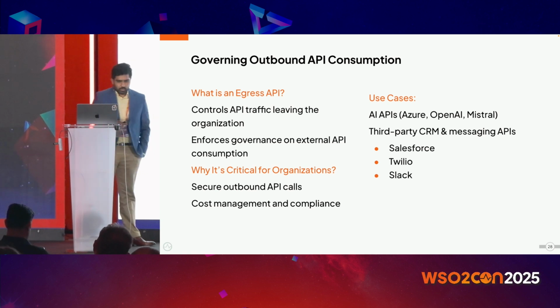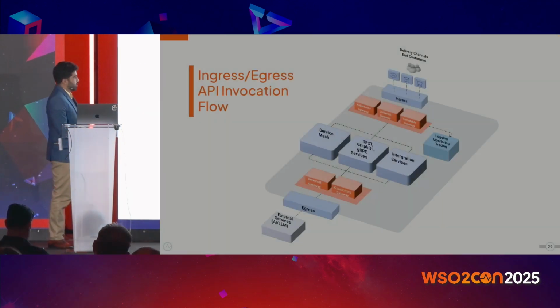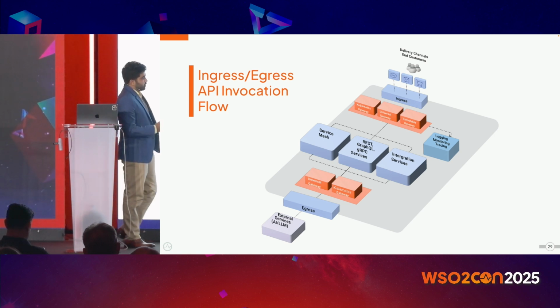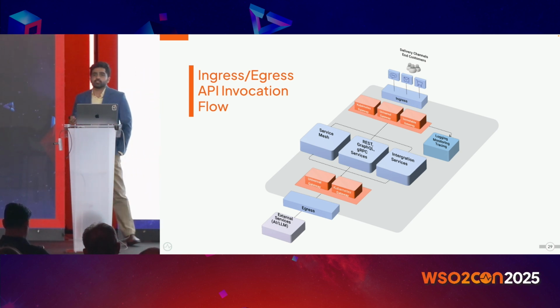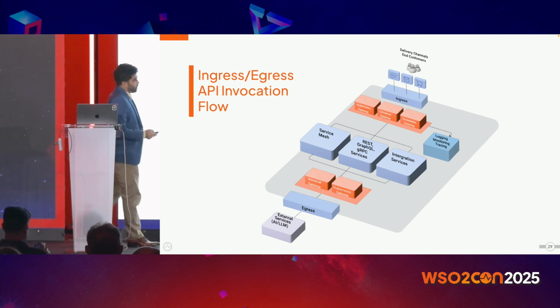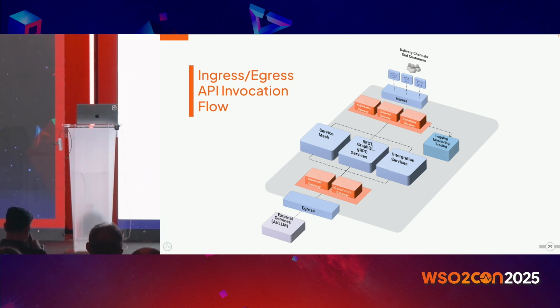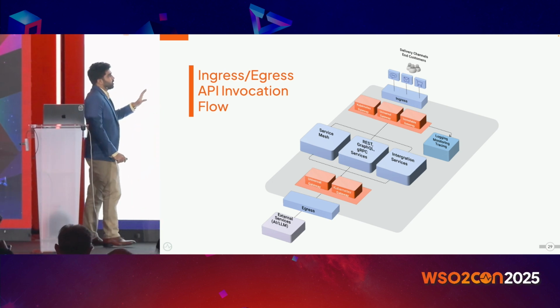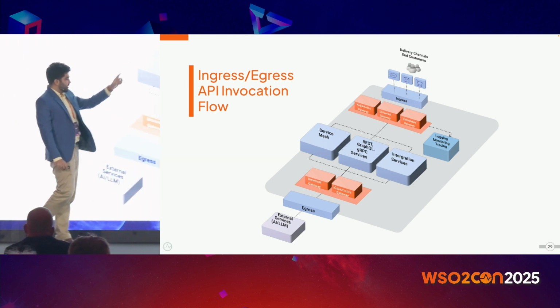So let me quickly go to a diagram. You should already have running services in your backend. Here, these represent those services. Now with this capability, we'll be governing both the ingress and the egress.